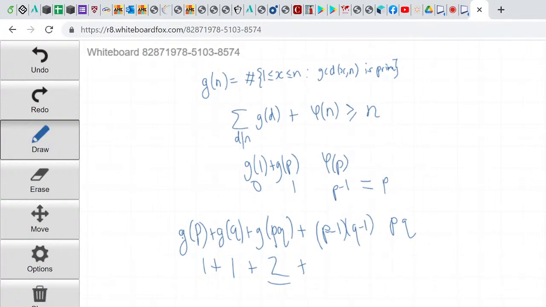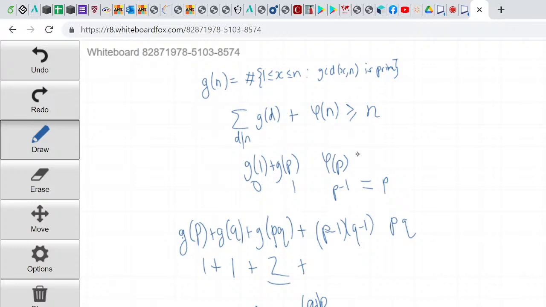Okay, so there's a lot more than 2 here. So there's p, 2p, all the way up to qp, except qp doesn't work. It's q minus 1 times p.